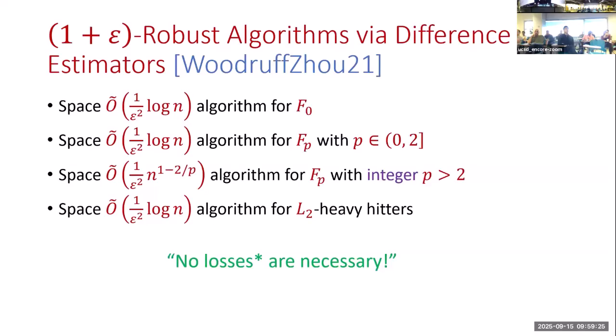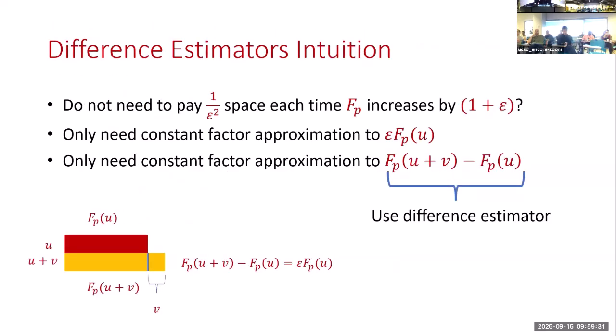Okay, finally, I want to mention that we were able to get tight bounds afterwards using a notion called difference estimators. The main intuition there is that before, each time the algorithm's output increased by a factor of 1 plus epsilon, we paid for that, and so there's a 1 over epsilon overhead.